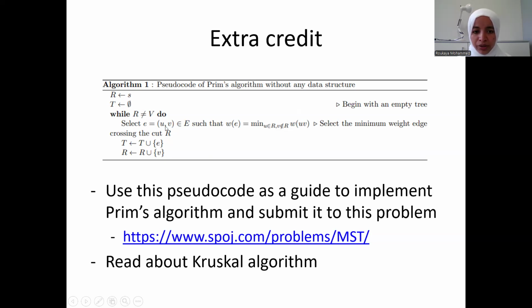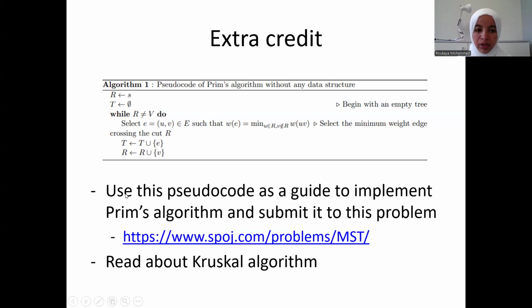We select an edge (u, v) that belongs to the set of edges where the weight is the minimum, and u belongs to R and v doesn't belong to R, which means it connects our current R to a new vertex that is not in R. And then we add this edge to our set of edges, and we add this vertex to our set of vertices.